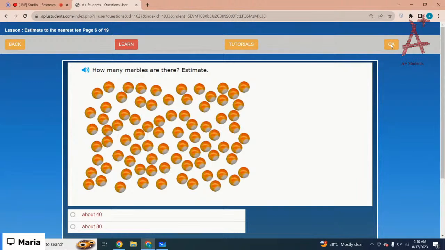How many marbles are there? Estimate. About 40, about 80, which is the correct option?